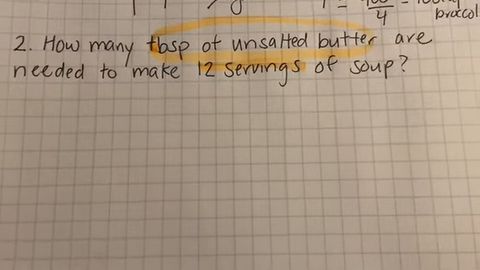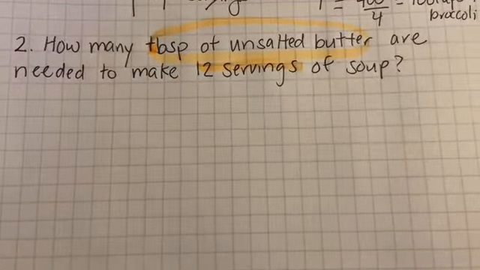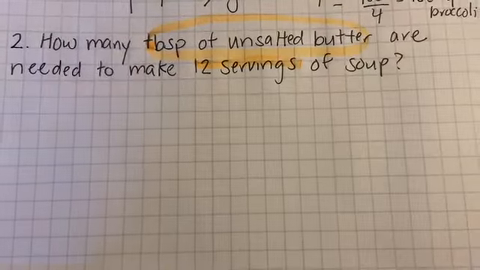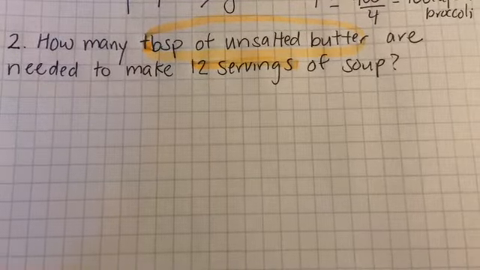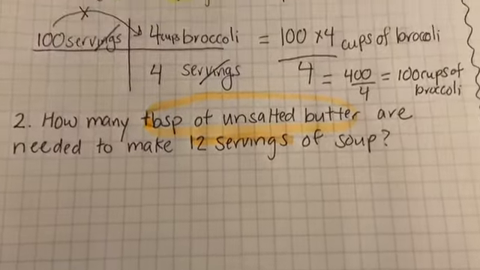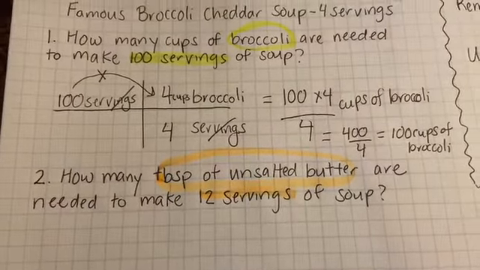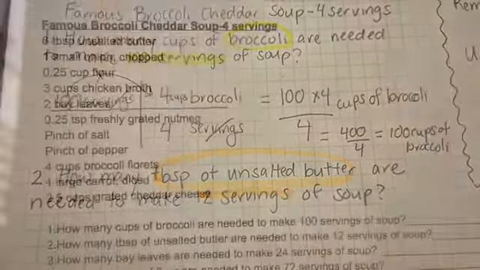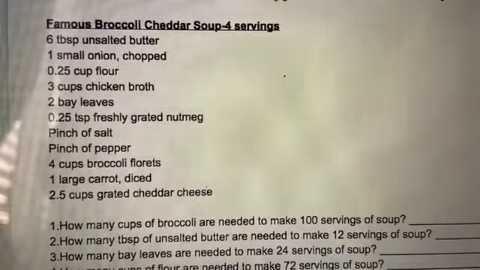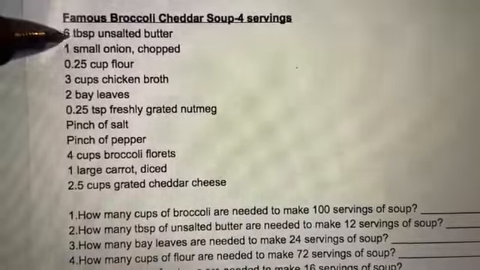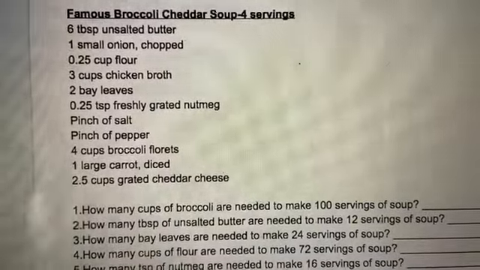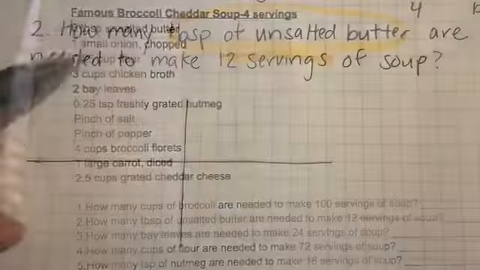So I'm going to do my setup now, and I need to check my recipe to figure out what amount of butter is needed to make 4 servings of soup, because my original recipe makes 4 servings of broccoli cheddar soup. So if I look at my recipe, it tells me that I need 6 tablespoons of unsalted butter to make 4 servings of soup. I'm going to plug in my given.